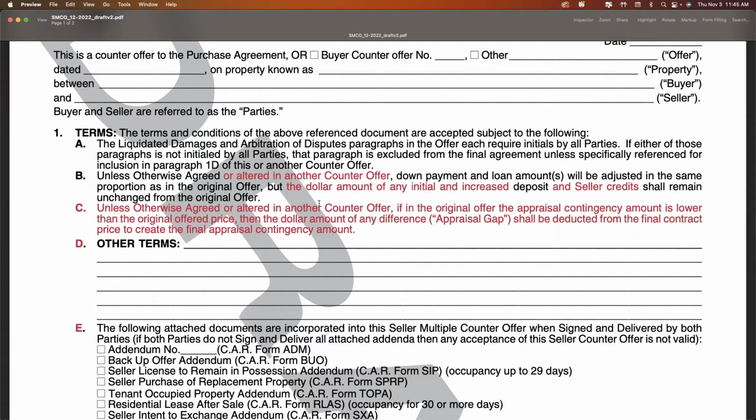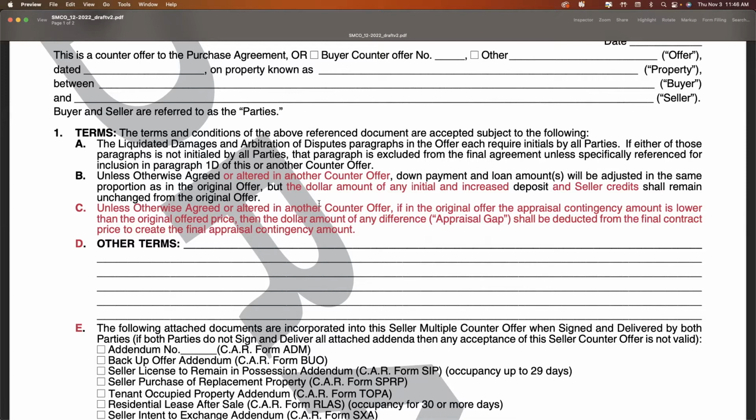So now by default, it's saying to the seller, you are paying the difference between the appraised value and the offer price. You're going to agree to reduce the price to that appraised value. That's the appraisal gap. So if, just my suggestion, if I'm listing agent, that would be my thing.